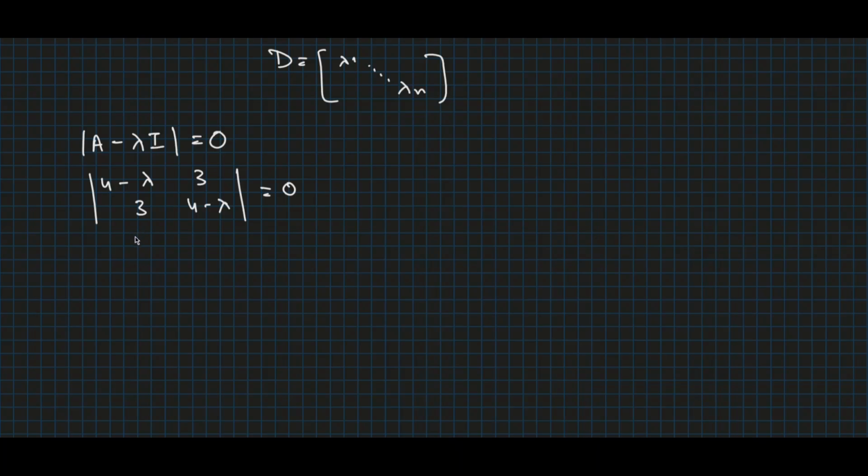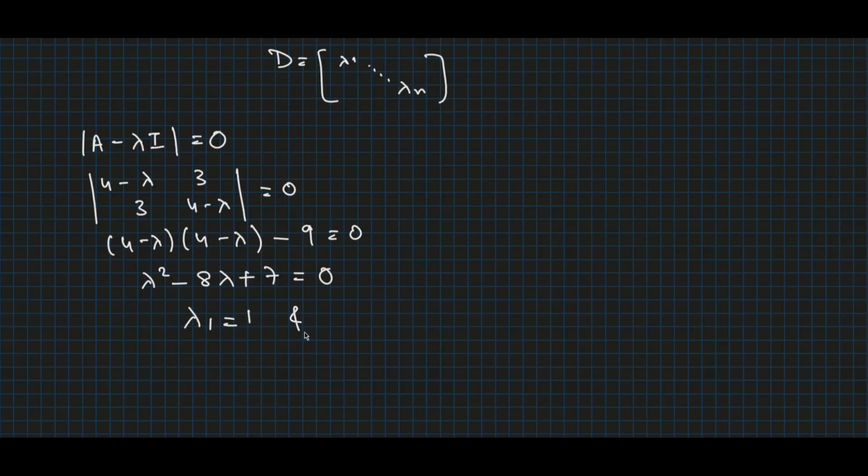So by cross multiplying we have (4 minus lambda) squared minus 9 is equal to 0, and by opening the bracket and multiplying we'll get lambda squared minus 8 lambda plus 7 is equal to 0 as the quadratic equation. And solving this quadratic equation, we'll have two values of lambda such that lambda 1 is equal to 1 and lambda 2 is equal to 7.